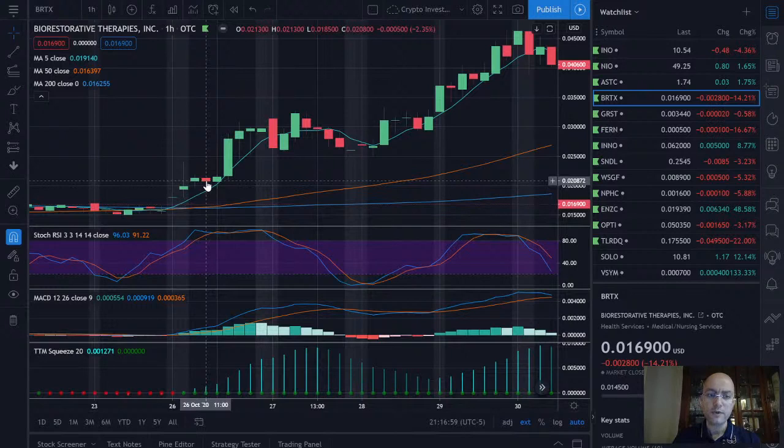A hammer would be exactly the same thing, so there's no difference, but it would be green, and it would also have a wick 2 to 3 times the body, and be an indication of a reversal, but in a bullish manner.